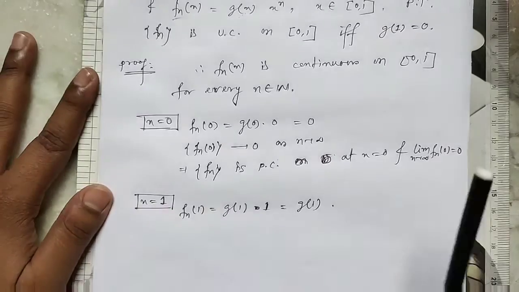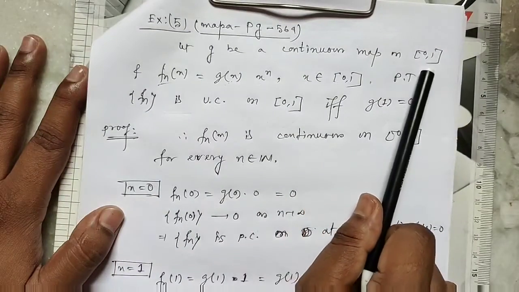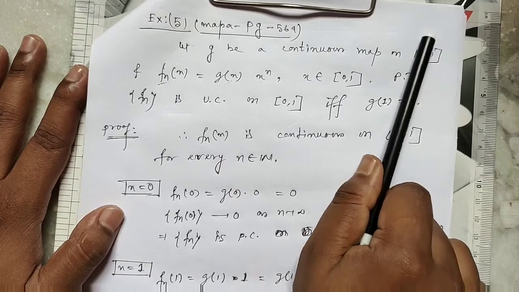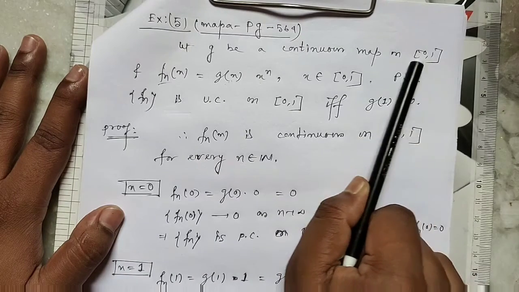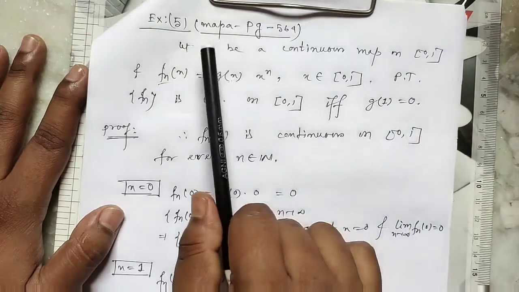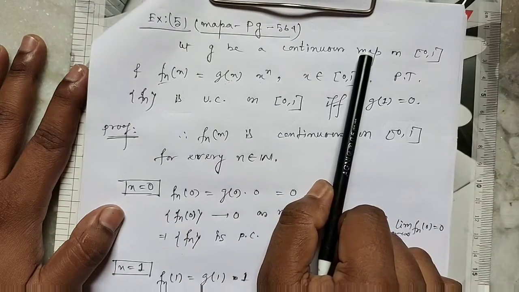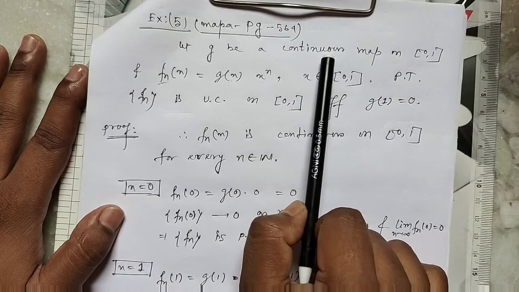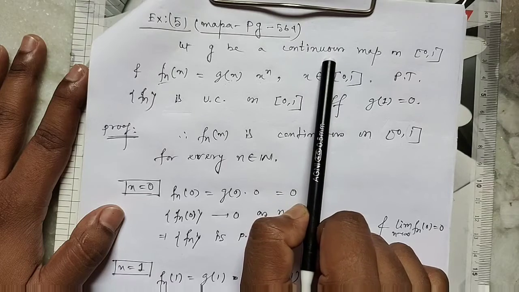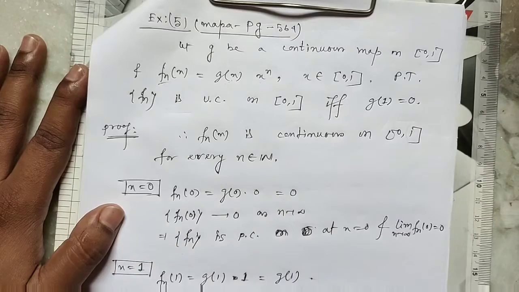Since g is a continuous map on [0,1], and [0,1] is a closed bounded set, g is also bounded on closed [0,1].